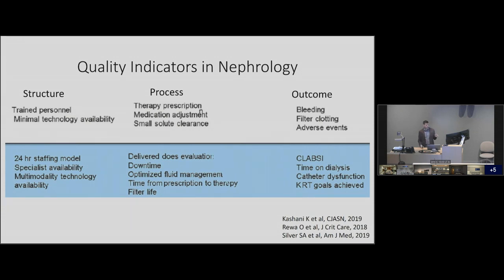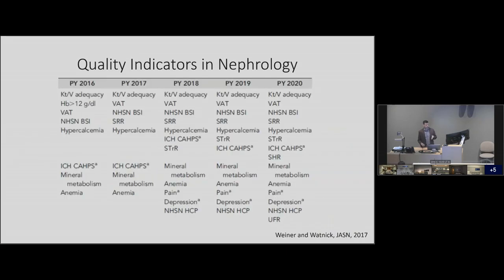But you contrast these indicators, which are more to get things kick-started, with the U.S. indicators. So these are quality indicators currently part of the U.S. Quality Improvement Plan for in-center dialysis being used for pay for performance. I'll explain what this alphabet soup is in a little bit.